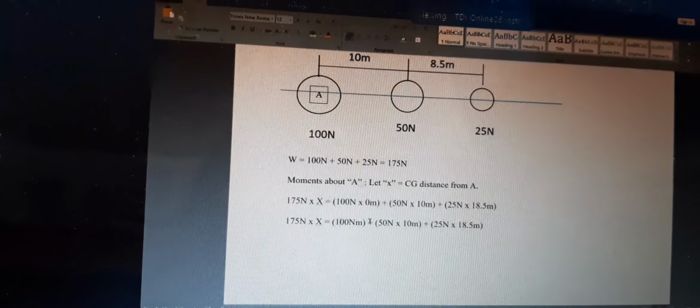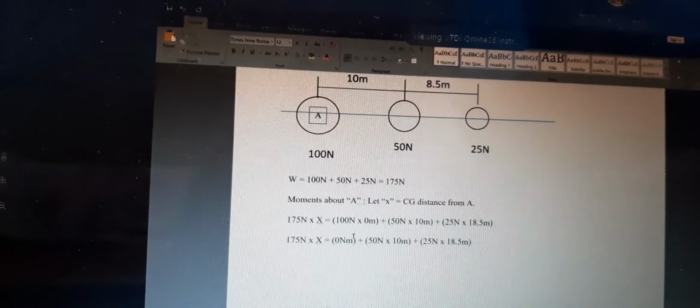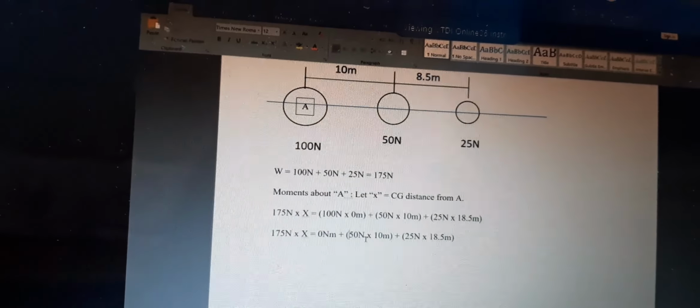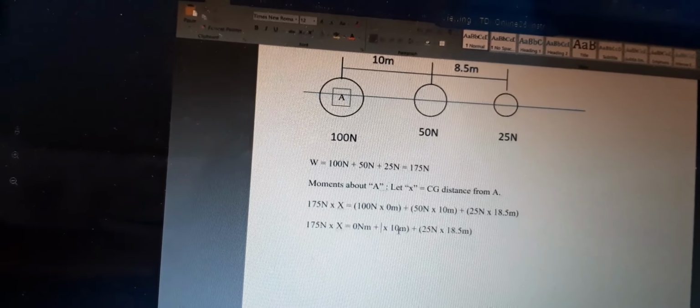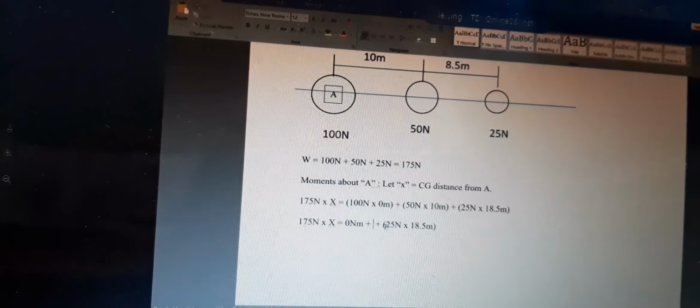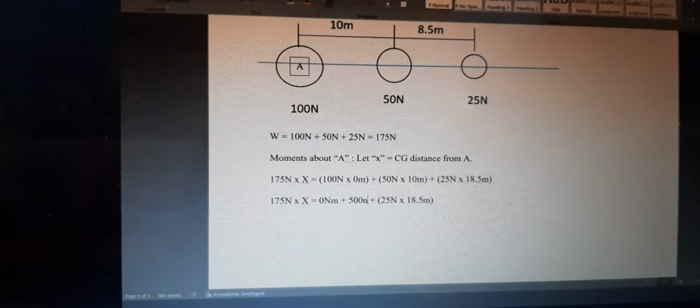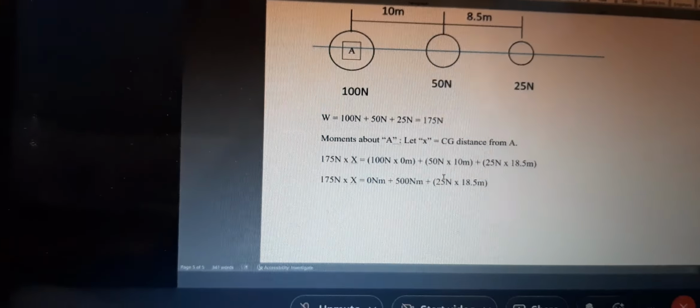So this is 0. So this doesn't exist, you know. But we're still putting it there so you can follow the steps. Alright? And then we're going to have, what's this going to be? 500 Newton meter.